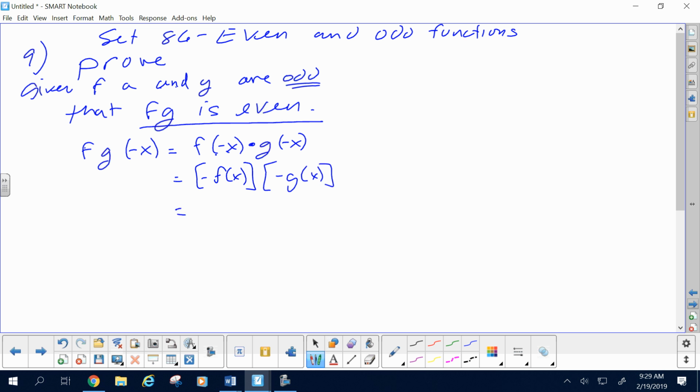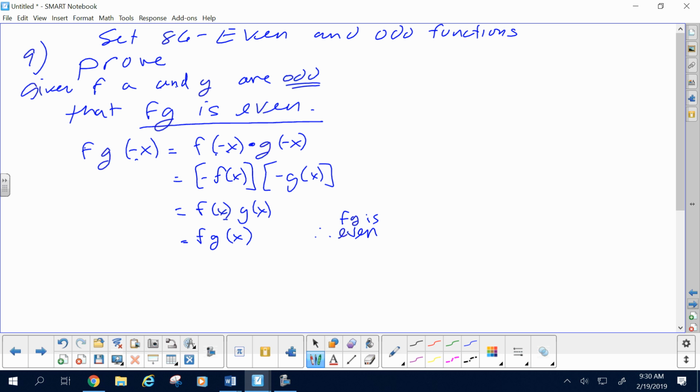If in both cases you get a switching of the y values, and I multiply those two negatives, I get a positive f of x times g of x. In essence, I showed that when you put in a negative, you get the same thing as when you put in a positive, fg of normal x. That is the definition of even. It's a proof, conceptual kind of problem.